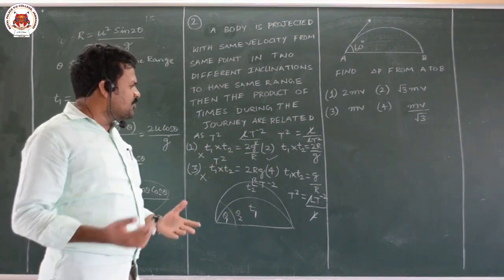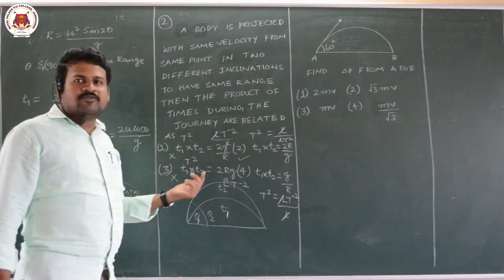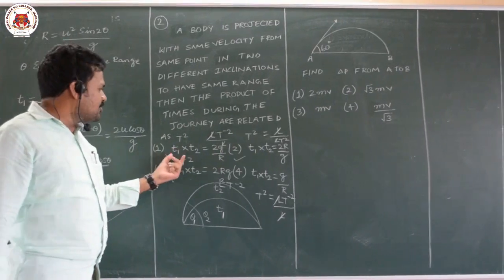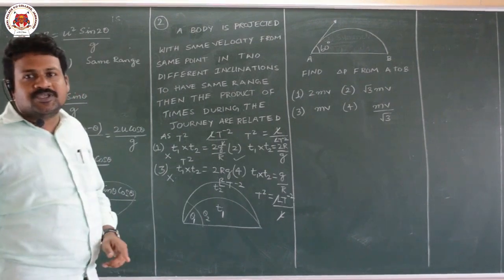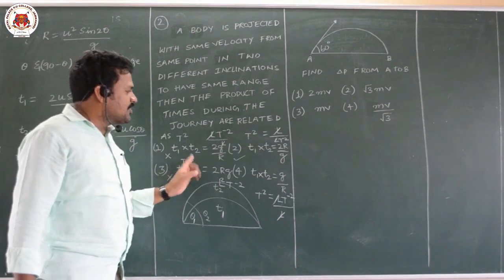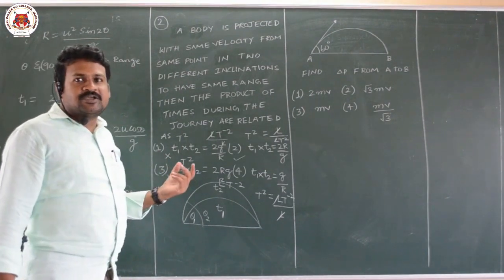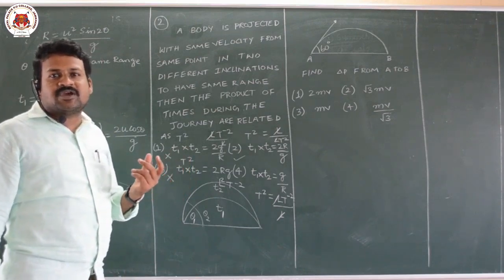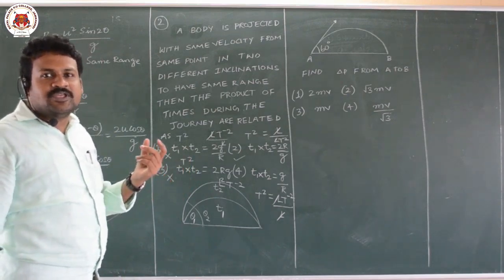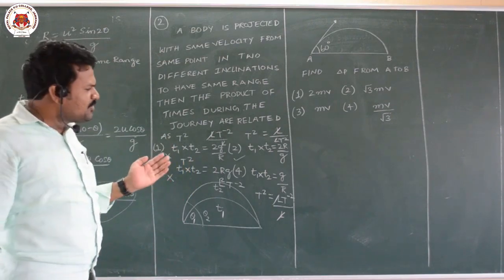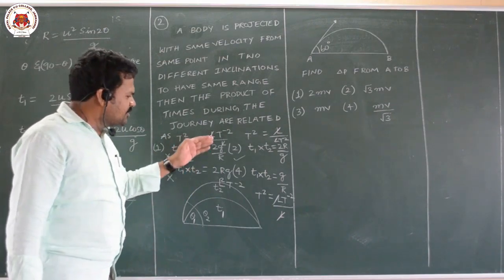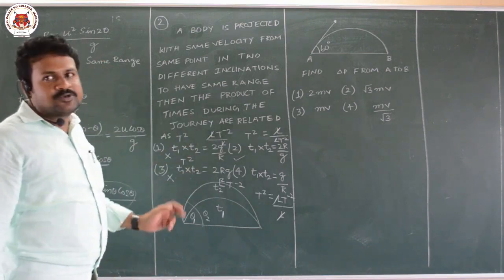If you are in the exam and getting confused about the formula for range, if you have only equations, then you can use the principle of dimensional formula, because only physical quantities having the same dimensions are equated, and only physical quantities having the same dimensions are added. Based on that condition you can solve this question.